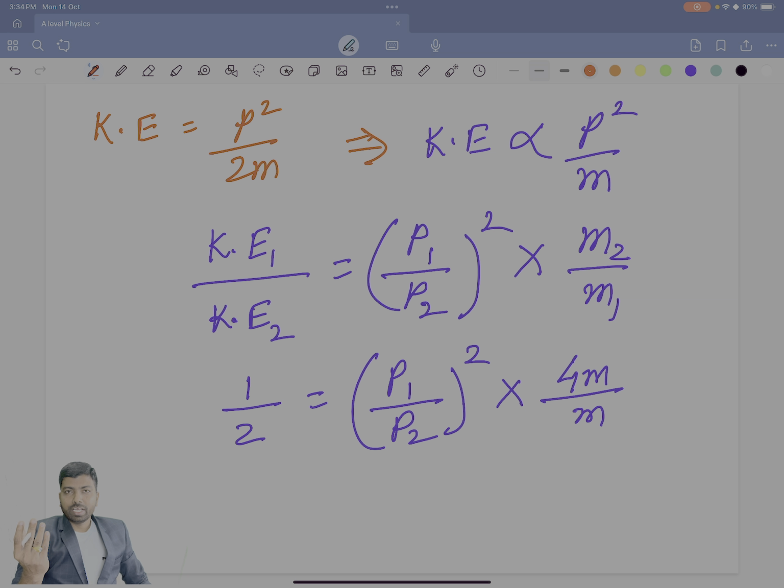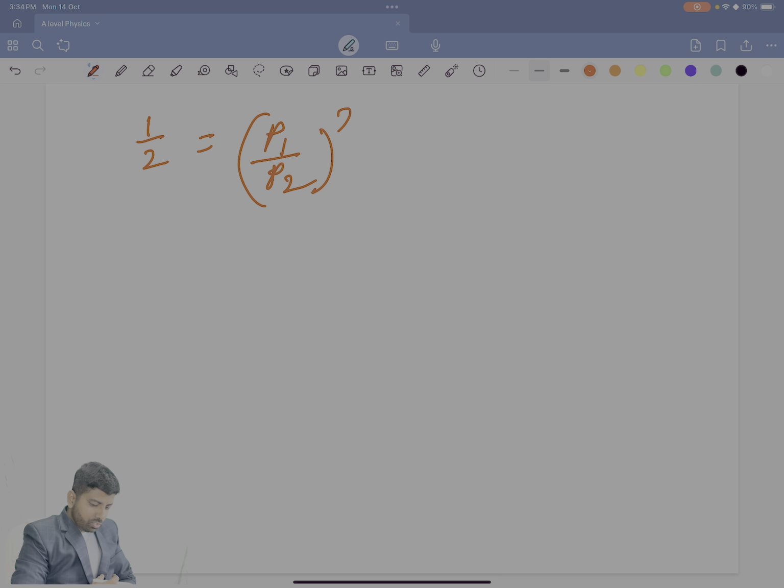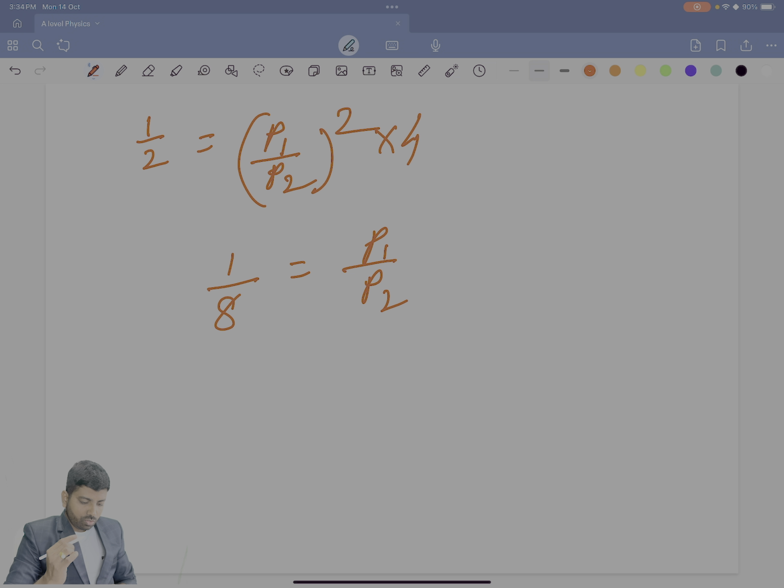I can cancel both the m. So finally, I can write 1 upon 2 equals P1 upon P2 square into 4. In the next step, if I interchange the position of this 4, 1 upon 8 is P1 upon P2 square.